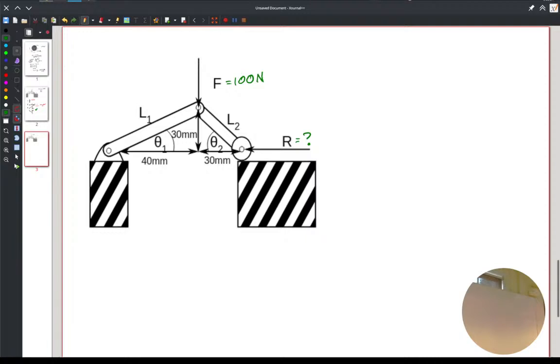Why is that one 166? But how are the forces, how are they all adding up?